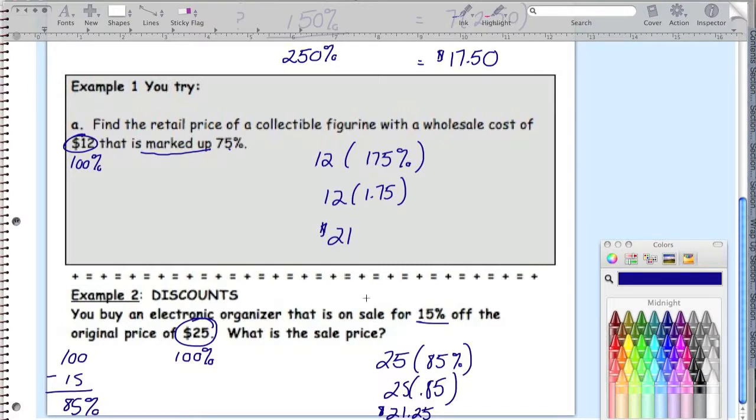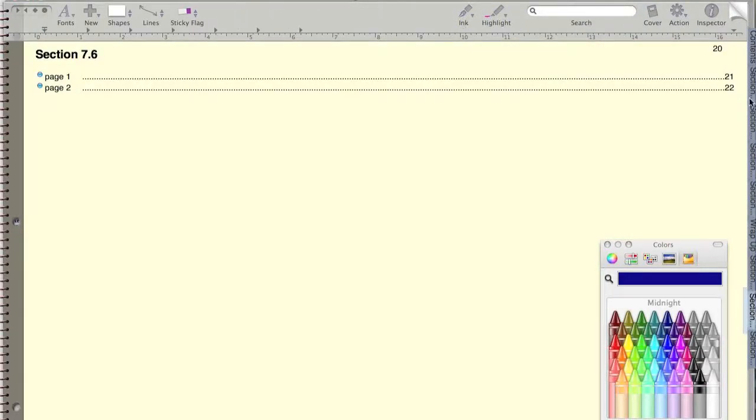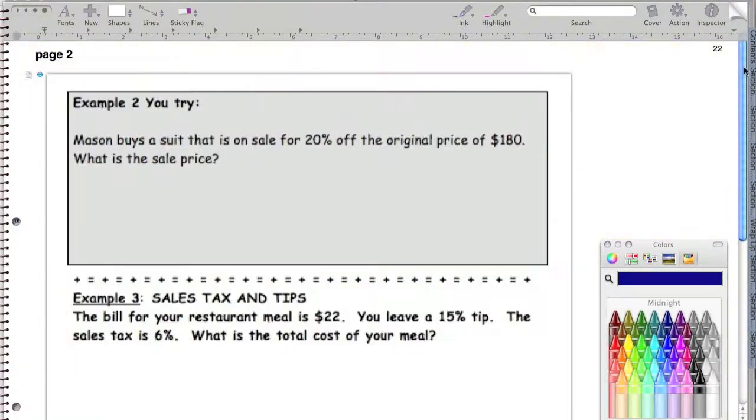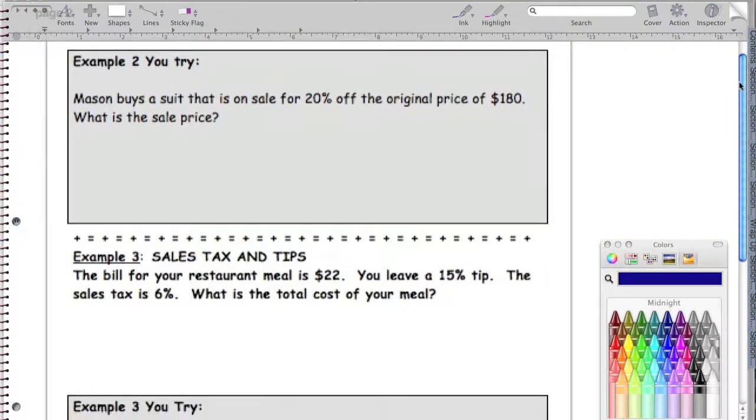Okay, so here we subtracted, but that's only because it's a discount. So you still stick that 100 as your base point, and you either add or subtract based on what you're trying to find. Here's another discount. Mason buys a suit that's on sale for 20% off of the original price of $180. What's the sale price? Okay, so 100% of itself, we're taking 20% off of that.